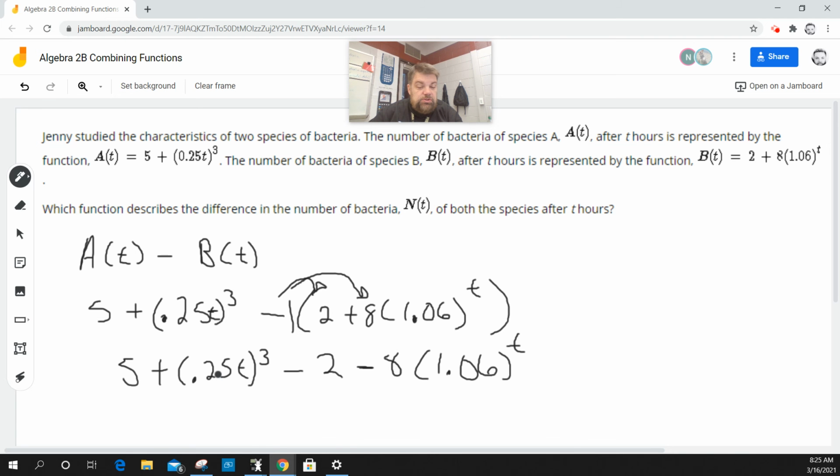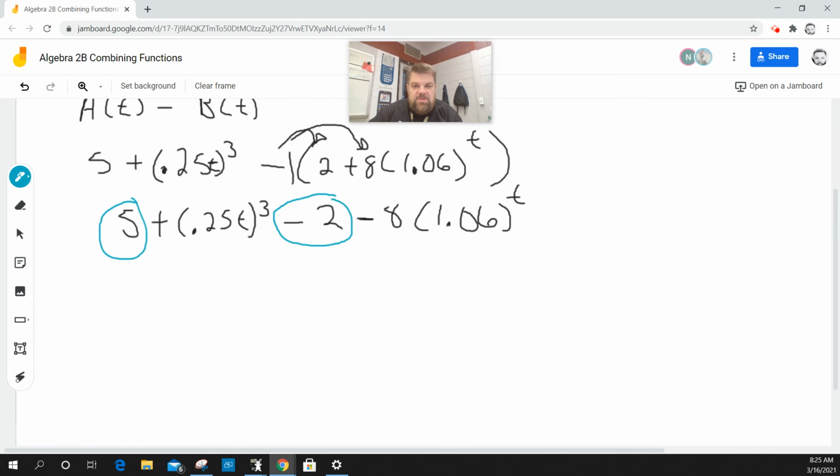Now, really, the only thing that we have that combine is the 5 and the -2. Everything else is really kind of a different term, right? Those are the only two like terms. So then 5 minus 2 is just 3.